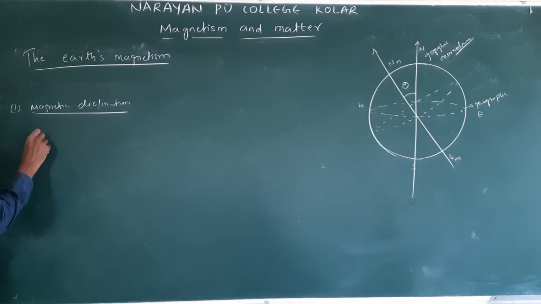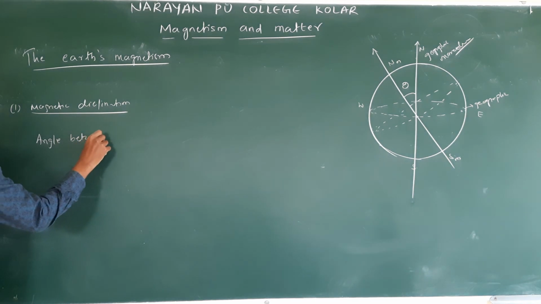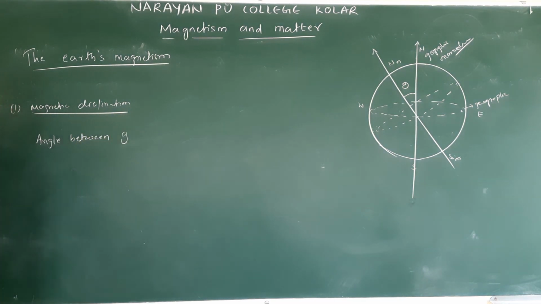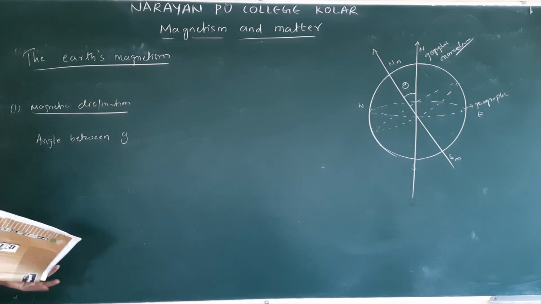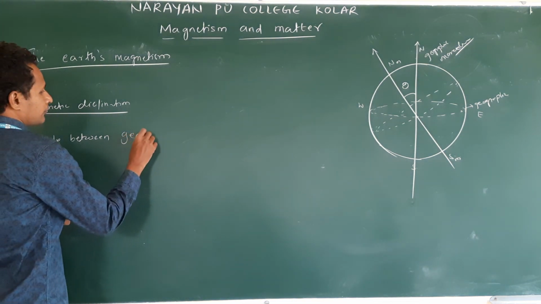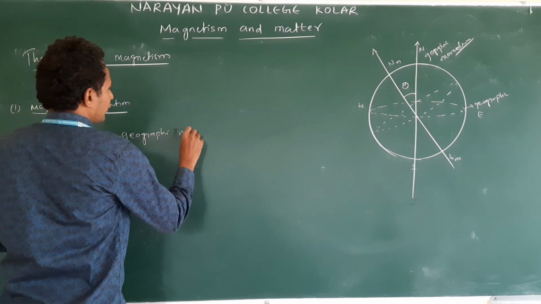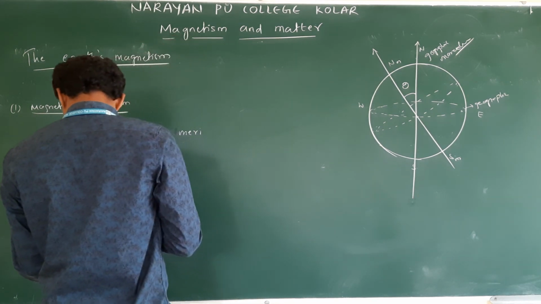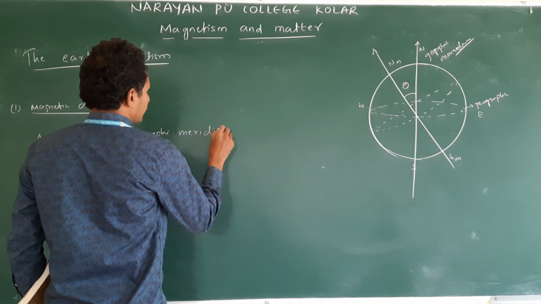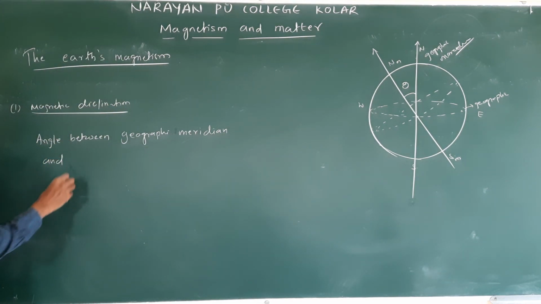The angle between the geographic meridian and the magnetic meridian.